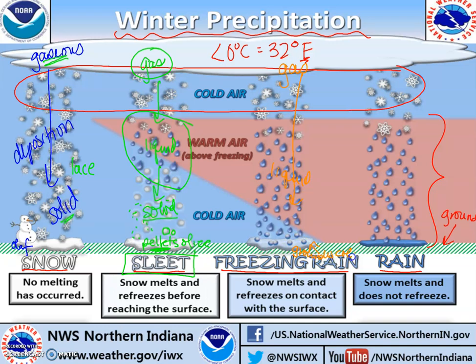When the ground is cold, the rain freezes upon contact. This is where it forms a solid on the ground. It's not going to form a solid in the air. This is what is especially dangerous, and this is where we have a coating of ice all over the place, and it only takes a little bit to make a lot of damage.